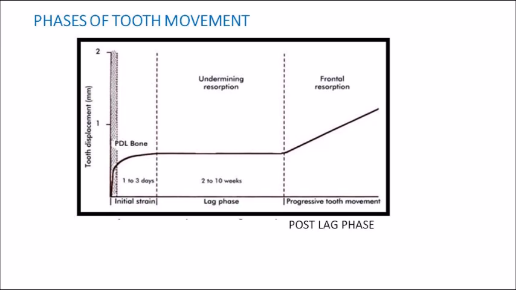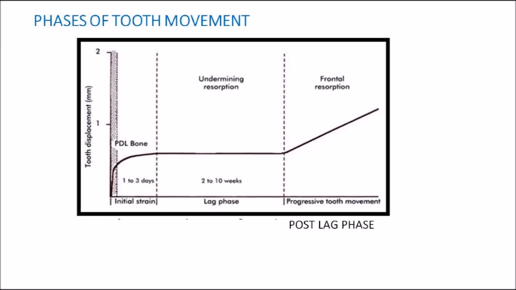What happens in orthodontics is that whatever force you are applying, it is unavoidable that some heavy pressure might be felt by the periodontal ligament. So most commonly the tooth movement is characterized by all these 3 phases: the initial phase, where rapid displacement of the tooth in the periodontal ligament happens; then hyalinization and undermining resorption, which is your lag phase; and finally the progressive tooth movement phase, or post-lag phase, where frontal resorption occurs.